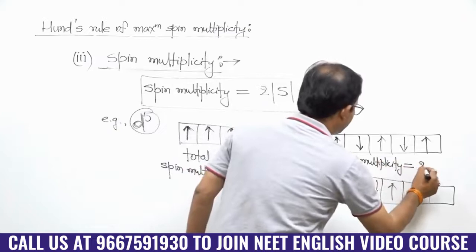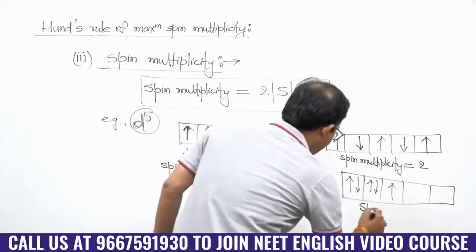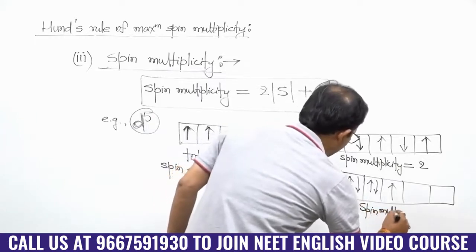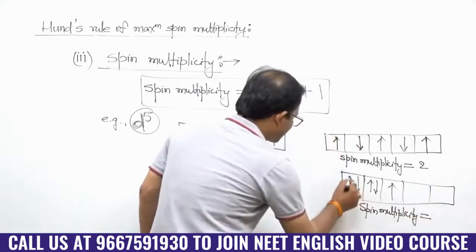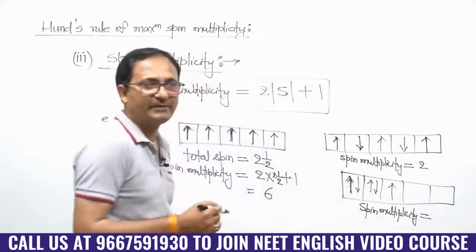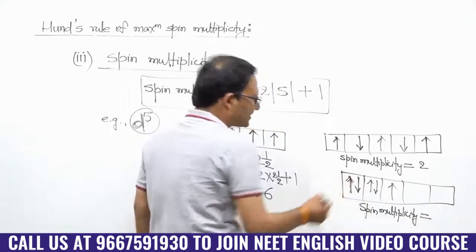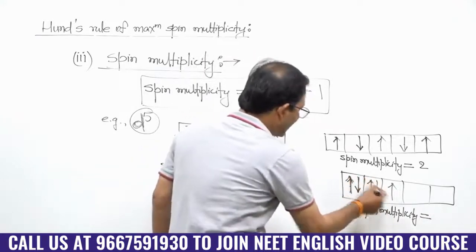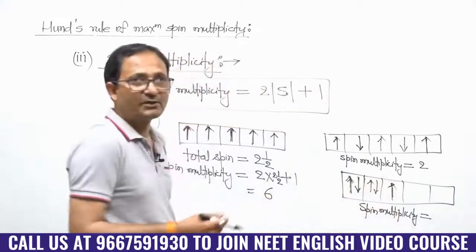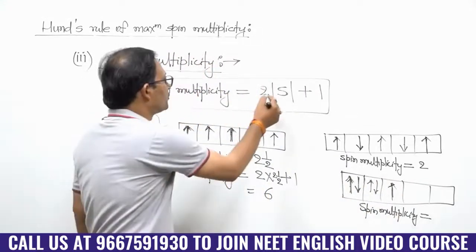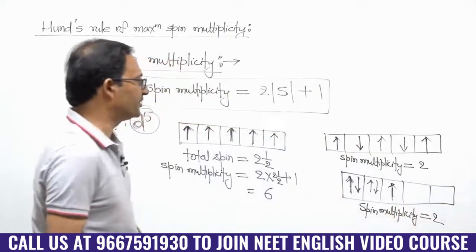So spin multiplicity will be 2. Again, find the spin multiplicity for this arrangement also, right? This is spin up, so S will be plus half, and for this S will be minus half. Plus half minus half 0. Plus half and minus half 0, and for this plus half. So total spin is half, so 2 into half plus 1. For this also spin multiplicity is 2.